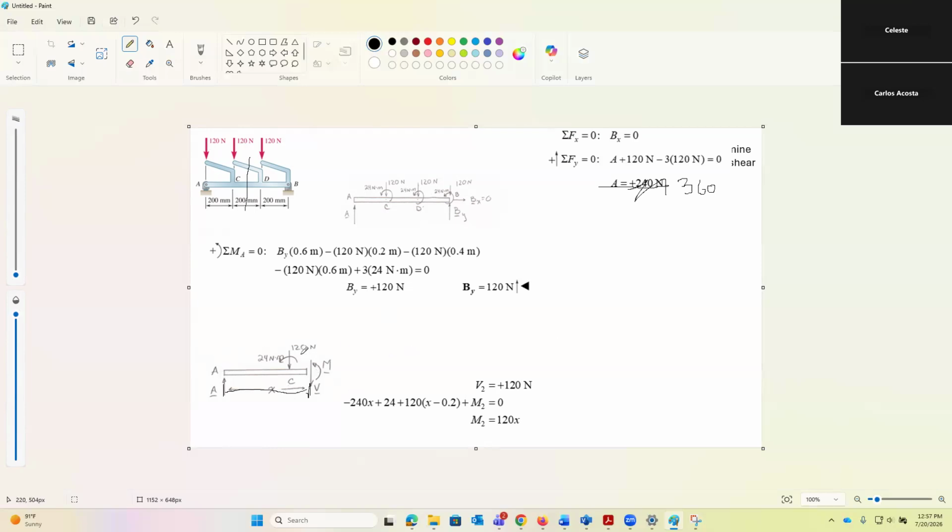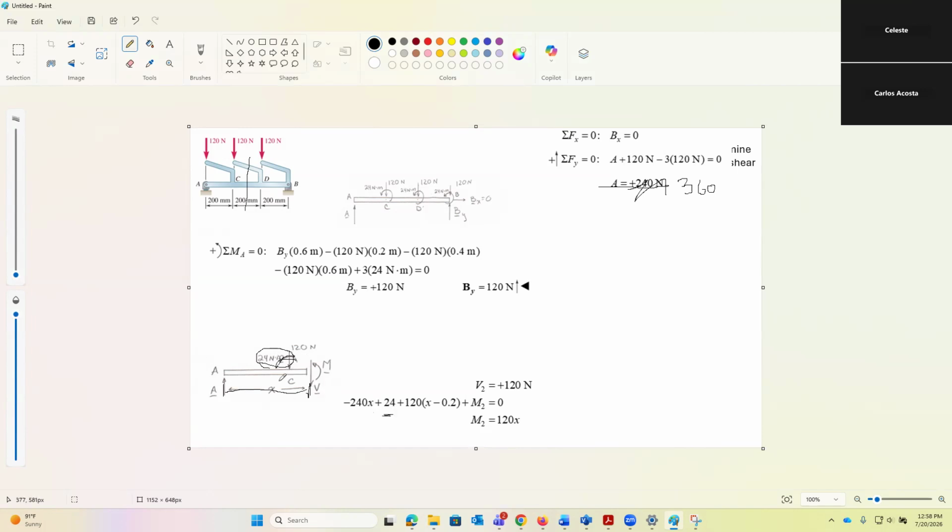You're going to have negative 240 in X plus 24. This is the moment, right? Using A, that will create a counterclockwise moment. Be careful with your signs. So this moment is counterclockwise, so you just place it there.